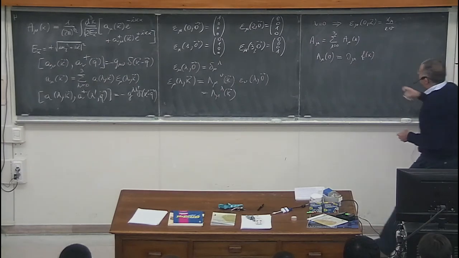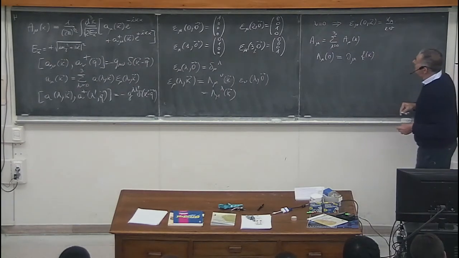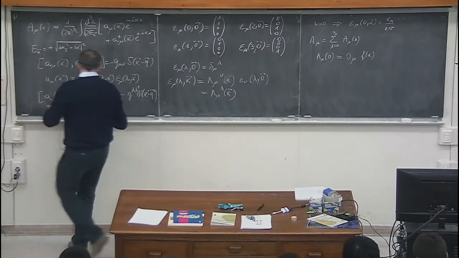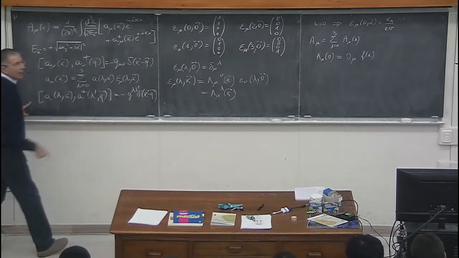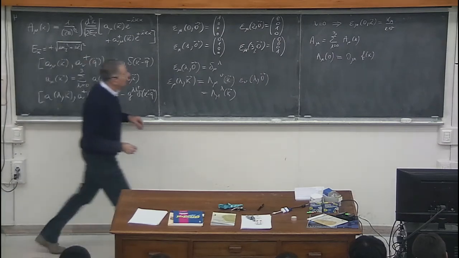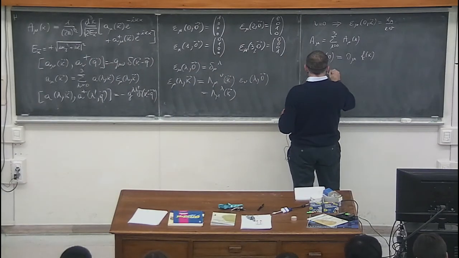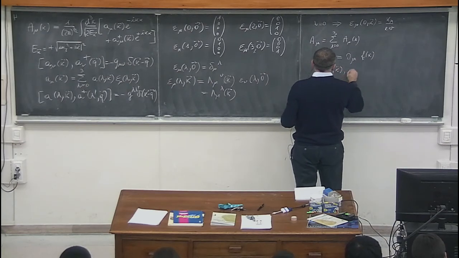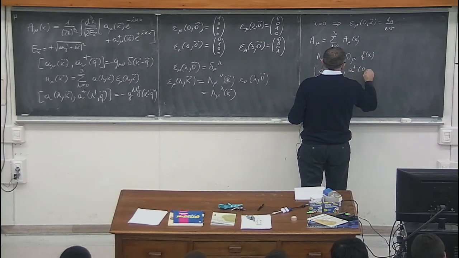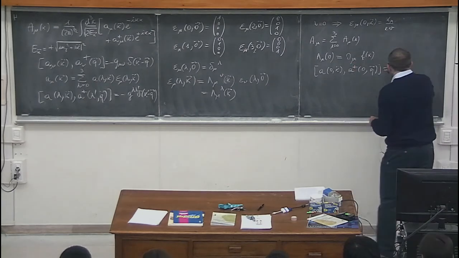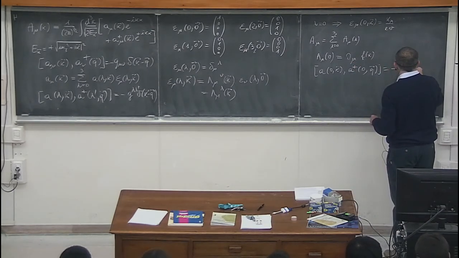Furthermore, these lambda equal to 0 degrees of freedom are those which have the wrong sign in the commutation relation. The commutator of a 0 k with a dagger 0 q is equal to minus delta of k minus q.